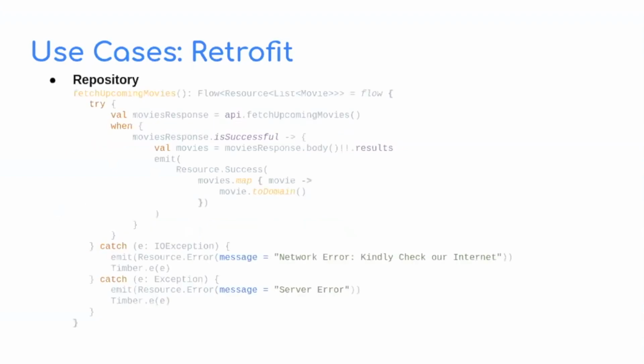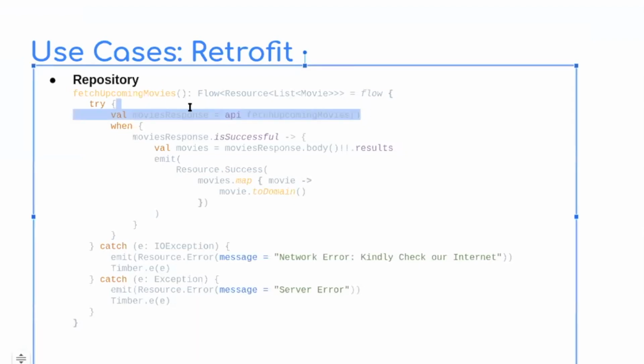So an example is in our repository here. We create a flow using a flow builder, like this flow. Let's say we are getting the list of movies from our remote source. We just call the suspend function inside our API, and data will be fetched.